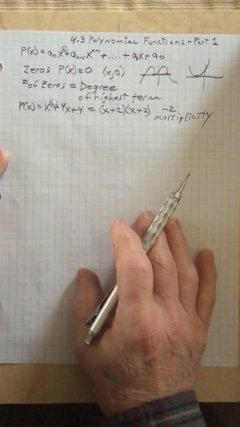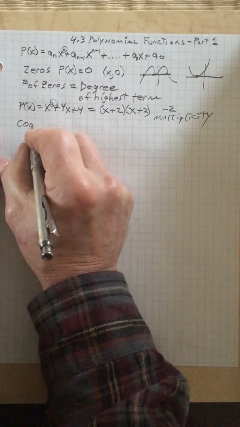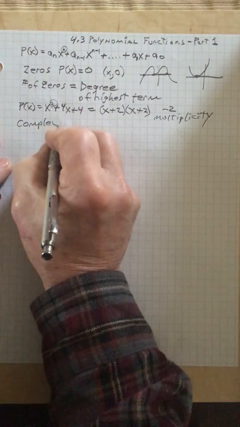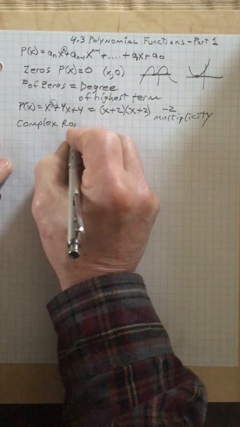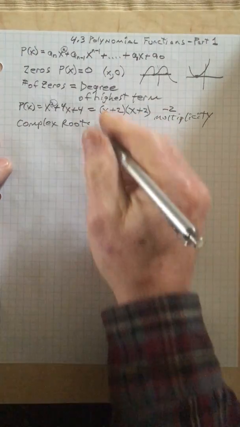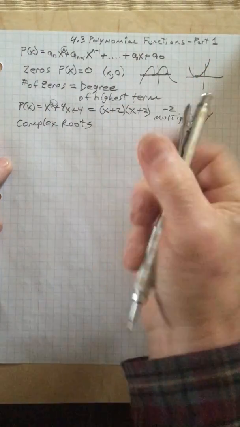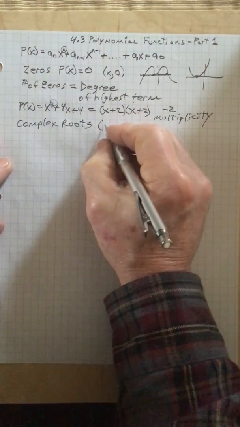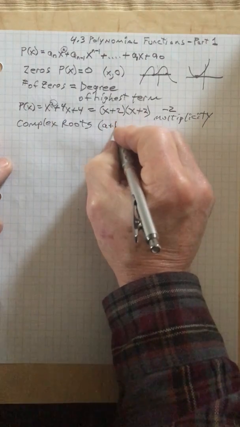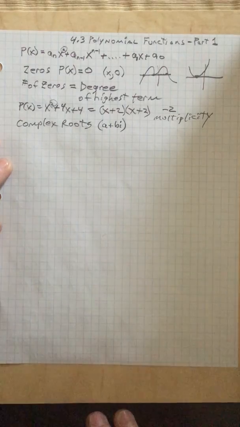Okay, what about complex roots? There's something special about those. You remember complex roots. That's the a plus bi kind of thing. Imaginary portion, a real portion.